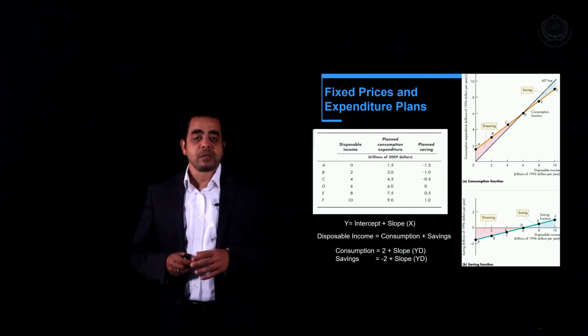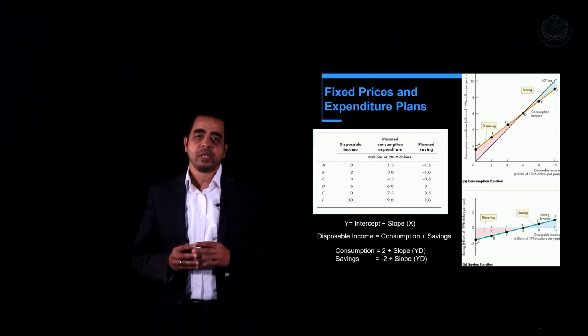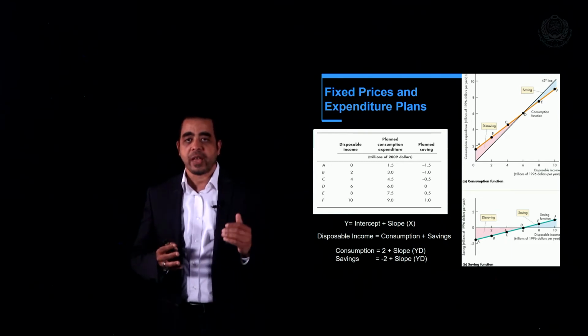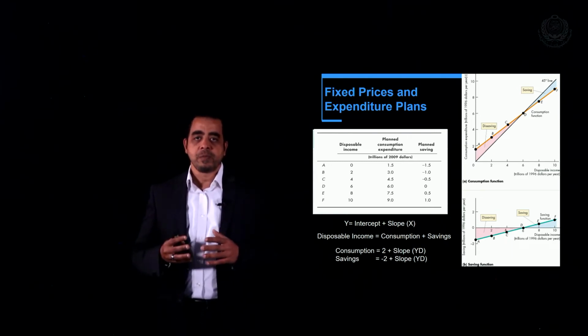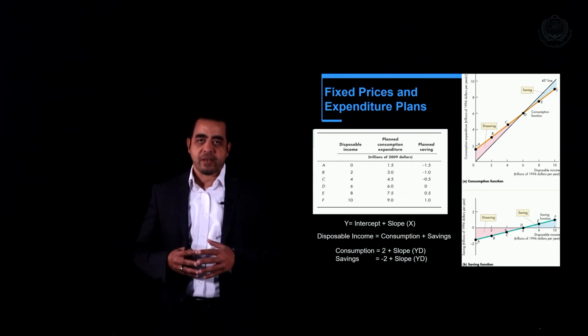Past this point, the green area is showing that our consumption is less than our disposable income. So here we are making positive savings. As our disposable income is higher than our consumption, this means that now we are able to make more savings.